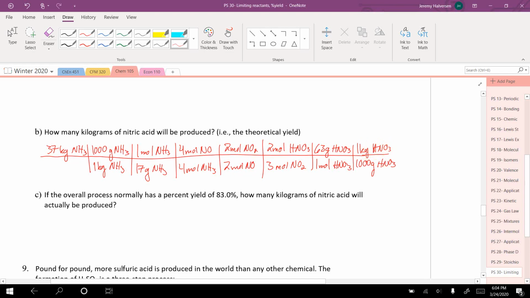All right, all that math gets us 91.4 kilograms of nitric acid. That's how much theoretically I could make with my 37 kilograms of ammonia.